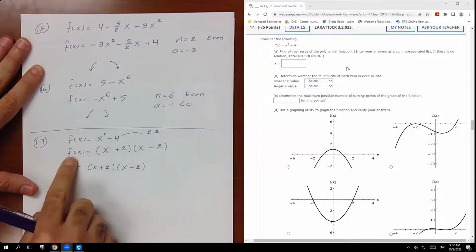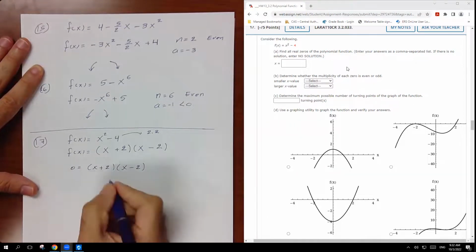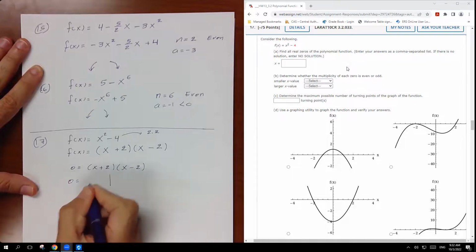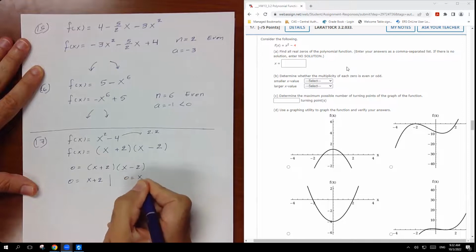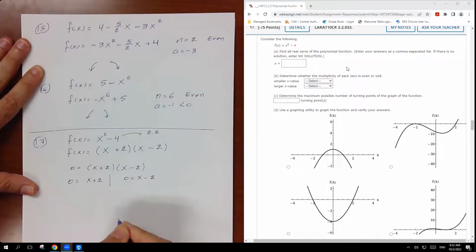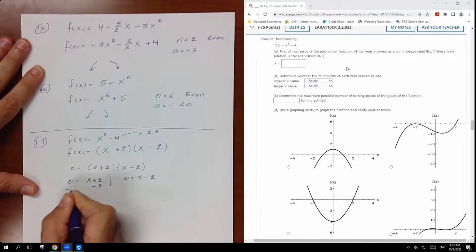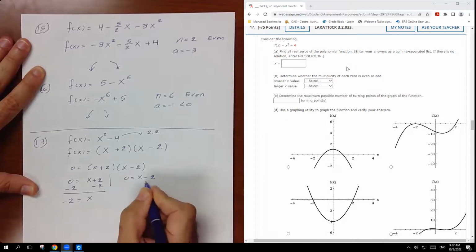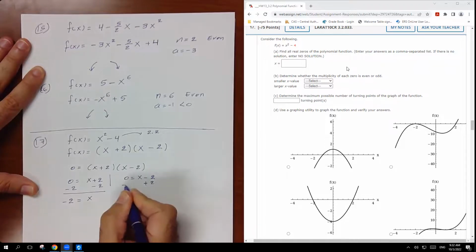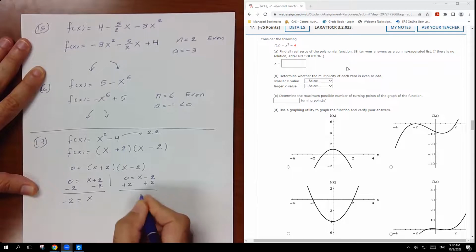So I'm going to let y equal 0. That means 0 equals x plus 2, and 0 equals x minus 2. You subtract 2 from both sides, so x is equal to -2. And here we add 2 to both sides, that means x is equal to 2.